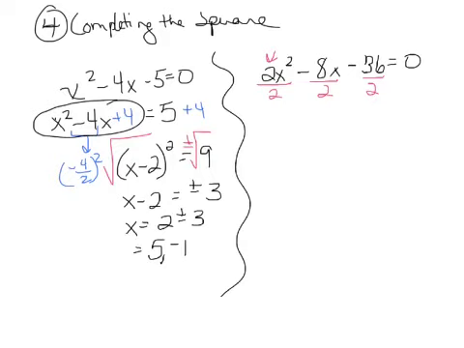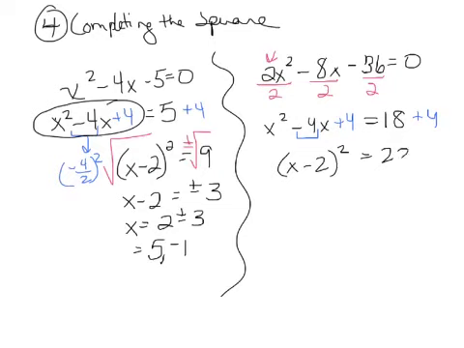So I would divide by 2, leaving me with x squared minus 4x minus 18, which I'm going to move to the other side as positive 18. I'm still going to do the same step. Take this, divide by 2 and square it, so it's plus 4 plus 4. So I get the quantity x minus 2 squared is equal to 22. I'm still going to take the square root of both sides.